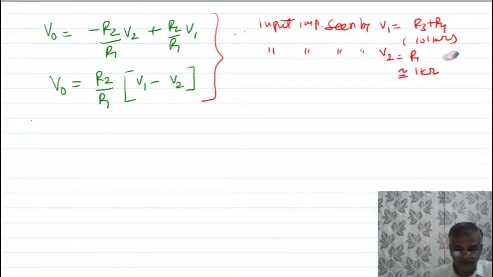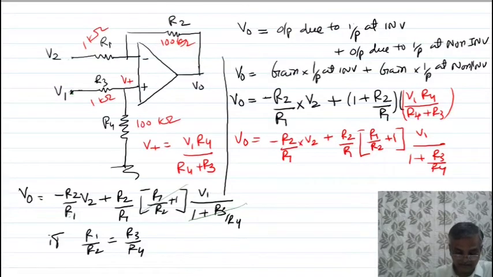So as a result, loading effect takes place. It loads very heavily the source. This is called the source from which your voltage is coming, from the transducer.